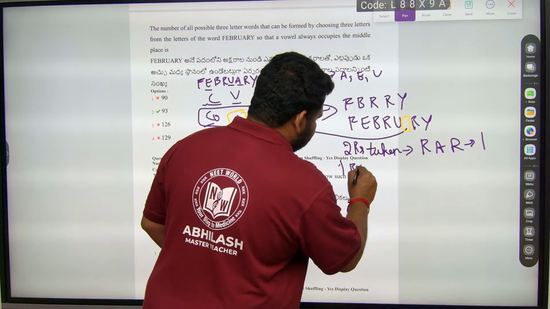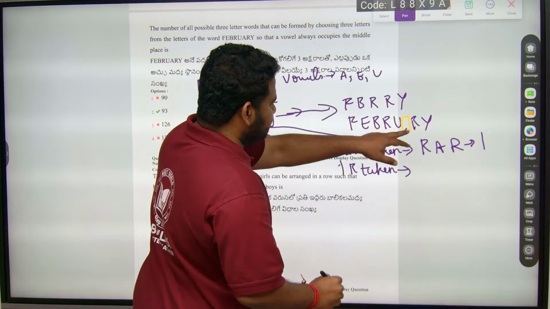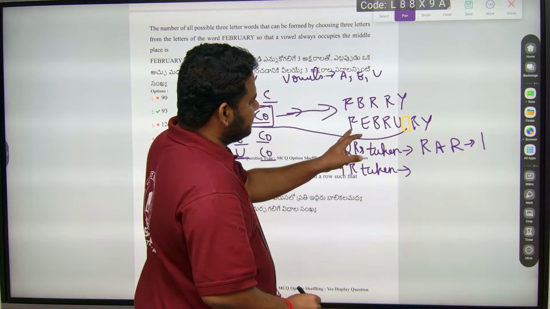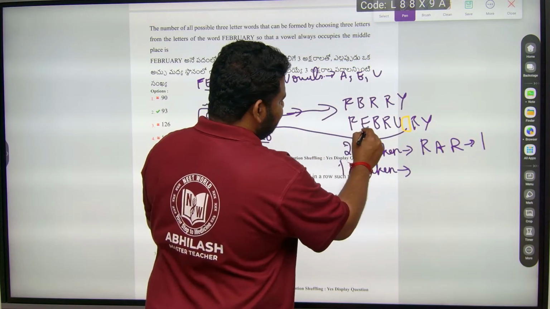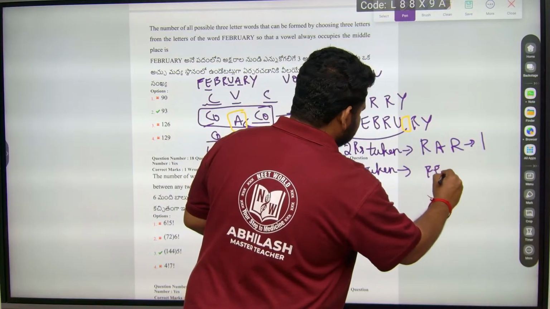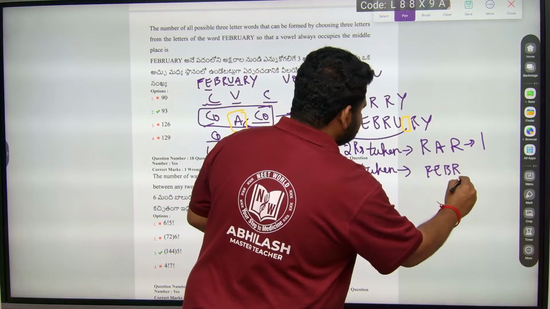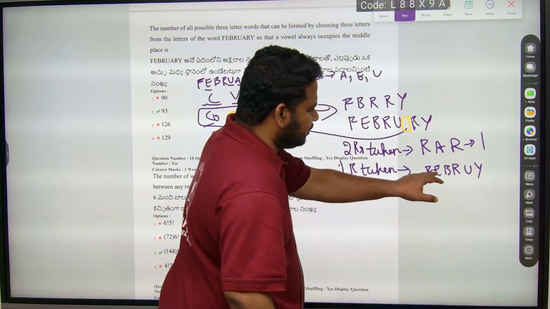Suppose I take only 1 R. If 1 R is taken, how many letters are there? F, E, B, R, U, Y. How many letters? 1, 2, 3, 4, 5.